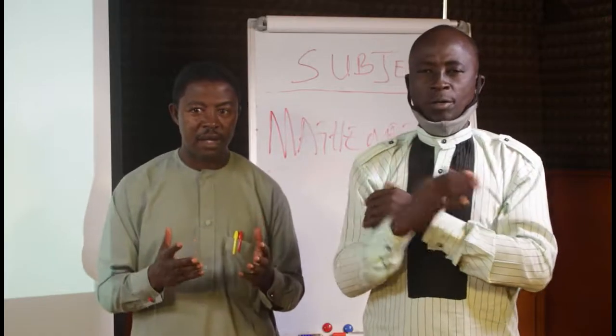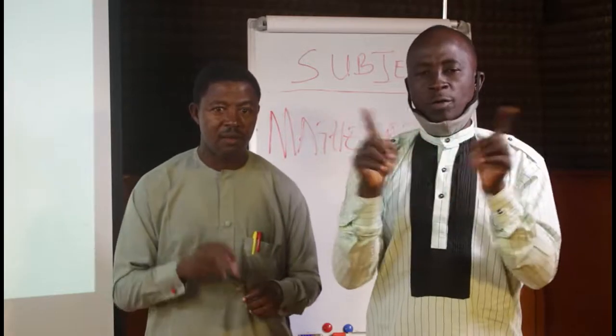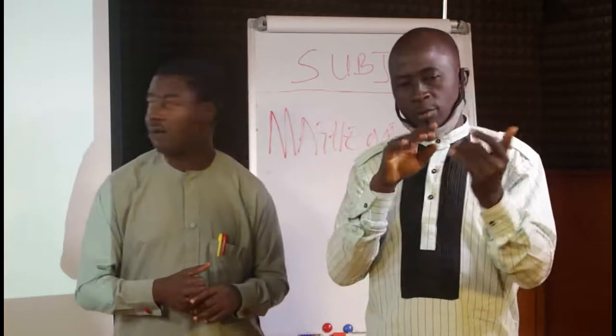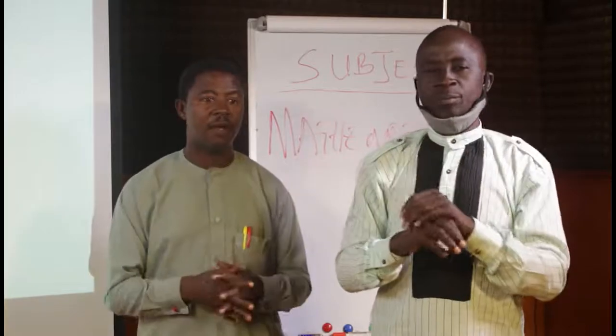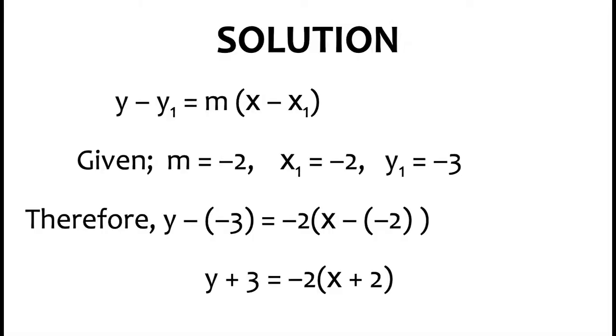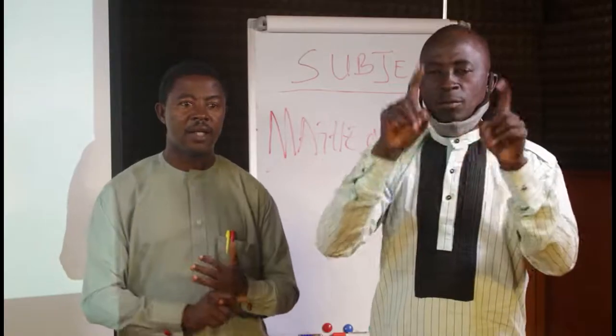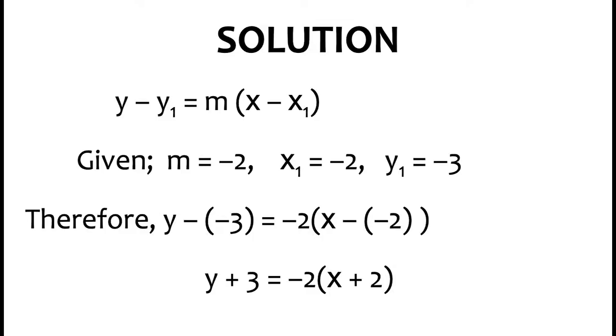Now you identify your variables. Who is the gradient? M, which is minus 2, as given in the equation. And then the coordinates, x1 is minus 2, while y1 is minus 3.